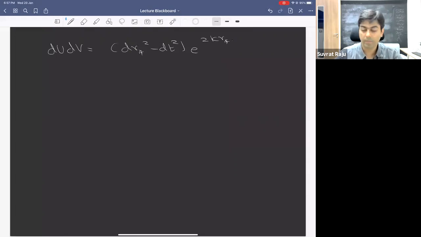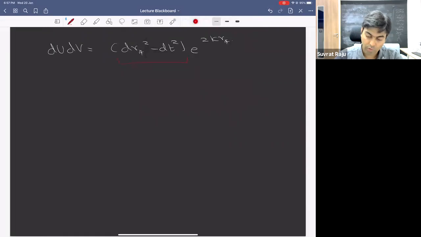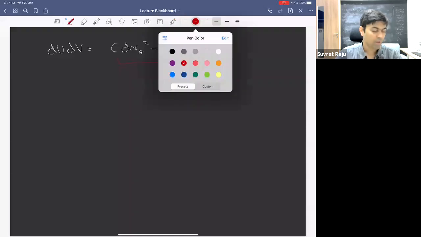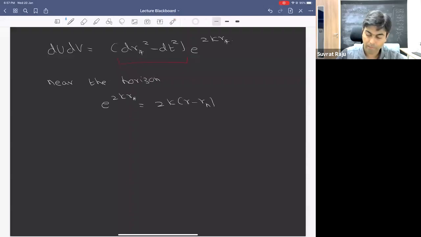Now, this term that you see here should remind you of what we saw also in the metric. This is the term that appeared in the metric, and there it was multiplied by some factor of f of r. But by our definition of r star, we've already found that near the horizon, as r goes to r_h, this factor e to the twice kappa r star is twice kappa into r minus r_h.